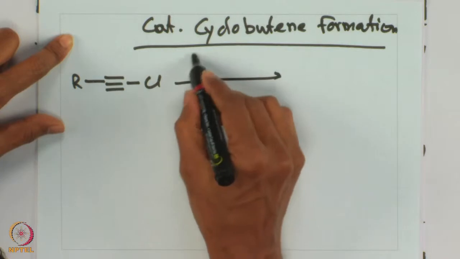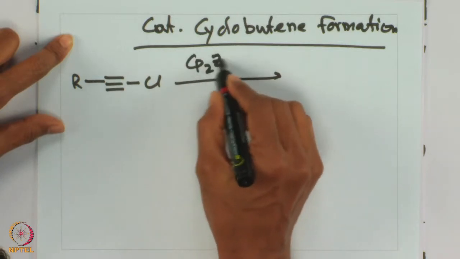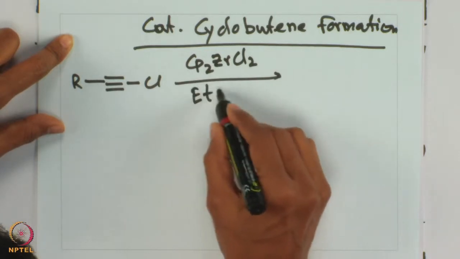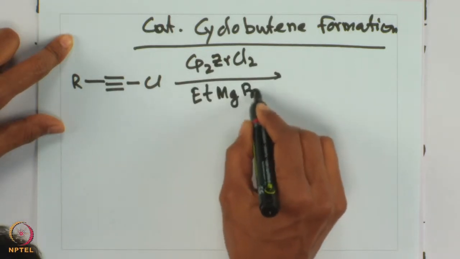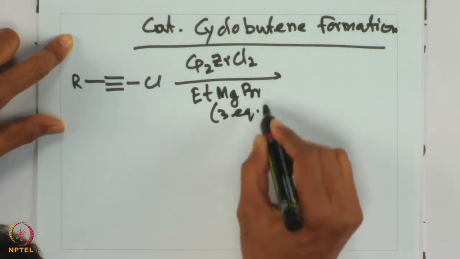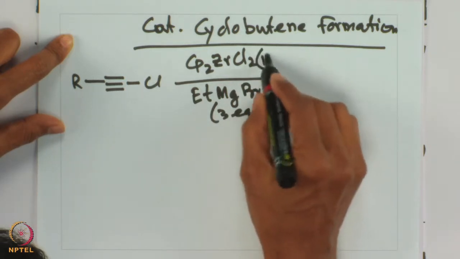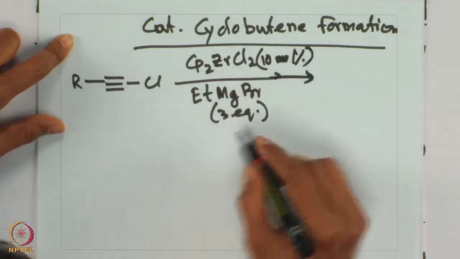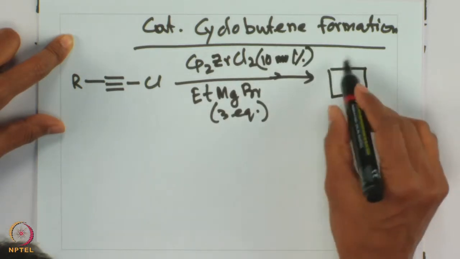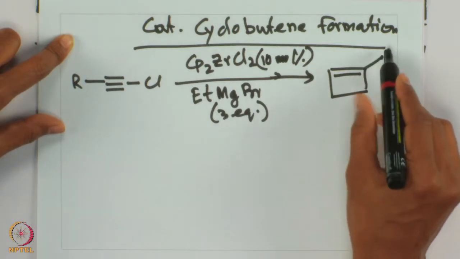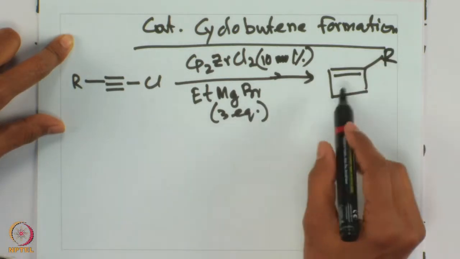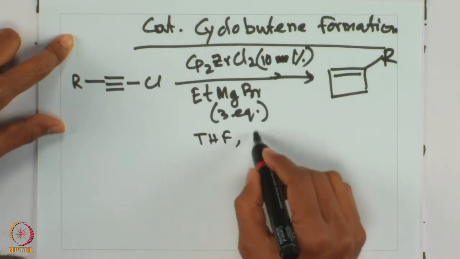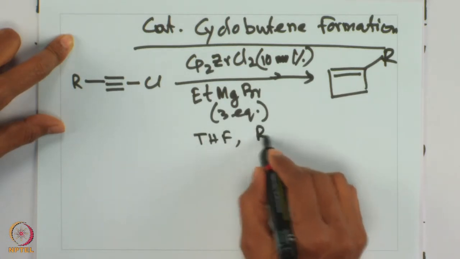With it we can have, for example, now dicyclopentadienyl zirconium chloride, which is used quite efficiently, and a Grignard reagent, 3 equivalent of it in presence of let us say 10 mole percent of the cyclopentadienyl zirconium reagent. Overall, it is a very beautiful reaction that gives rise to the cyclobutene by utilizing the simple reaction condition in THF at room temperature.